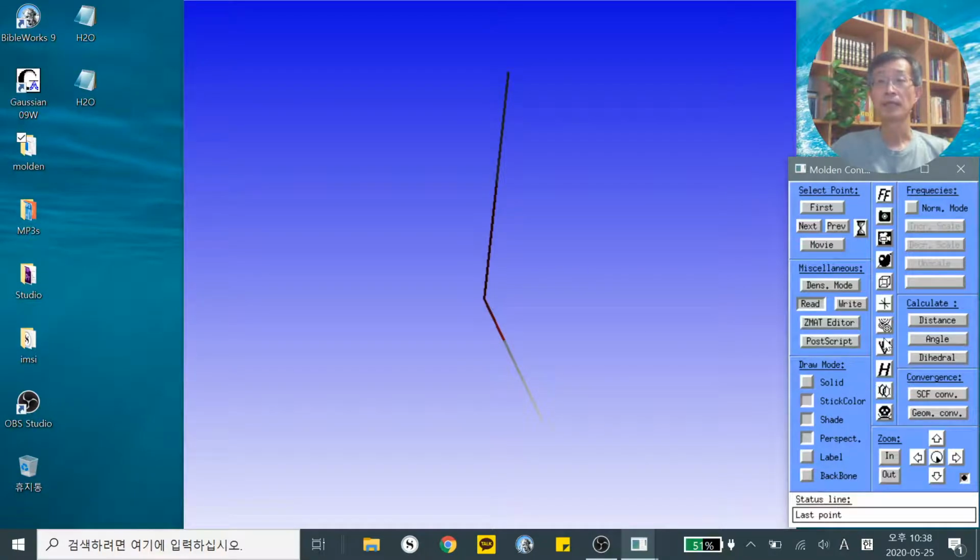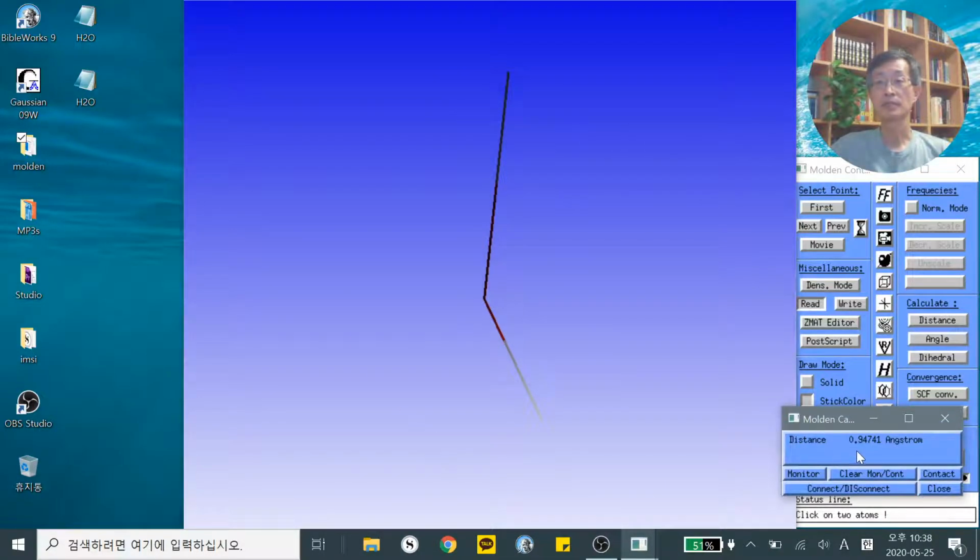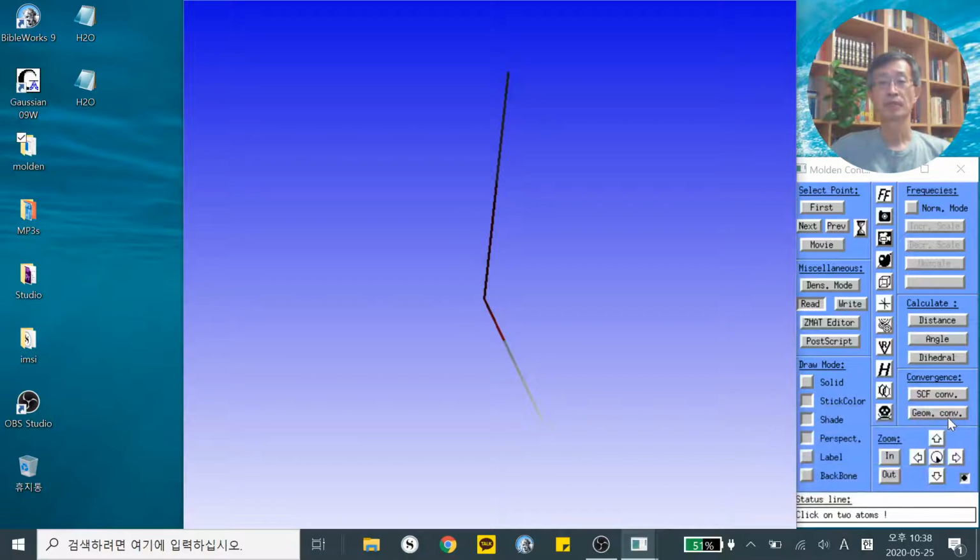Okay, and then also you can check the distance. What it does is the first atom and second atom, and the distance is 0.947 angstrom, just like that. Maybe you can check the angle, and also the molecular geometry.